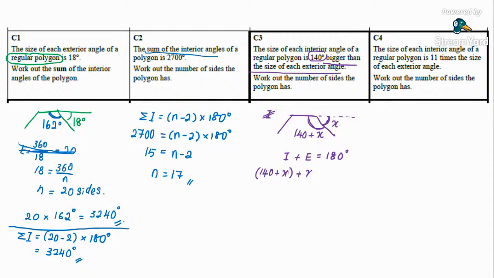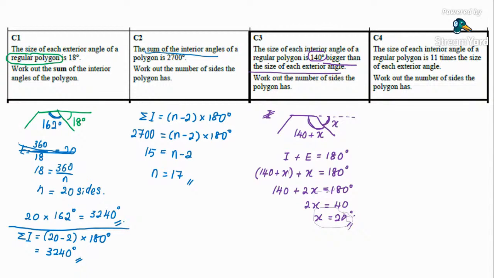Therefore, my interior angle is 140 plus x and my exterior angle is x. What I have here is 140 plus 2x, which gives me 180. Therefore, 2x equals 40 and x equals 20 degrees. So the exterior angle is actually 20 degrees.